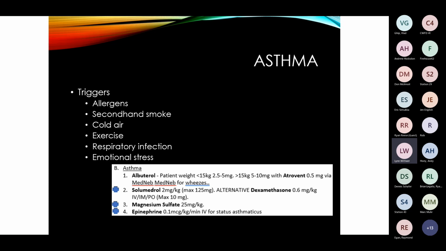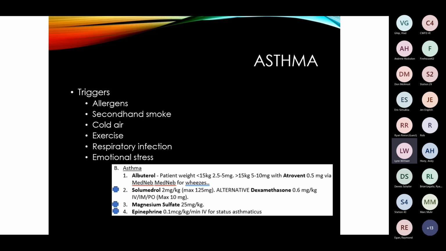Now, my treatment for asthma is basic. We use albuterol, weight-based, along with Atrovent for the first dose. Atrovent, or ipratropium, is not truly indicated after the first dose of albuterol Atrovent, because it's kind of a waste.